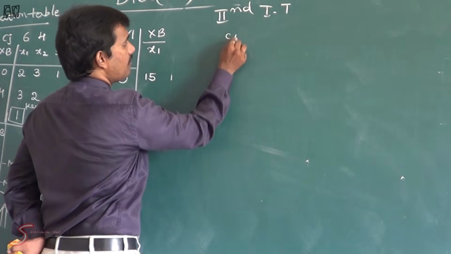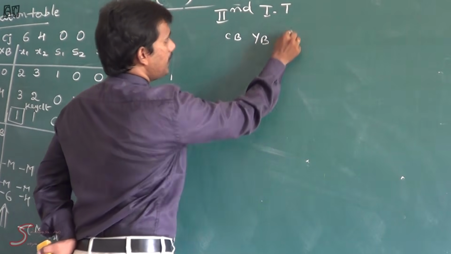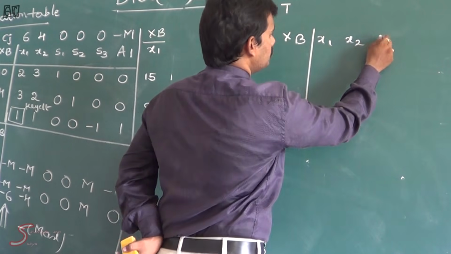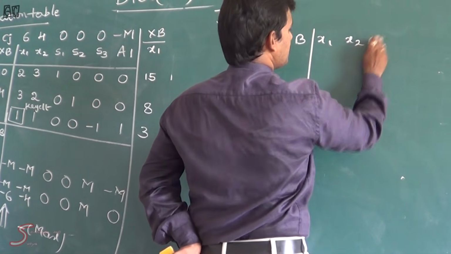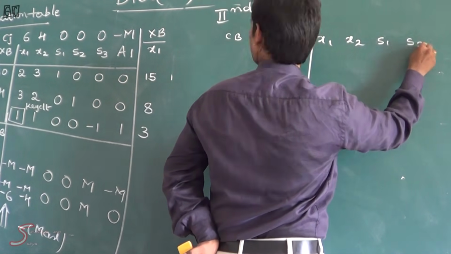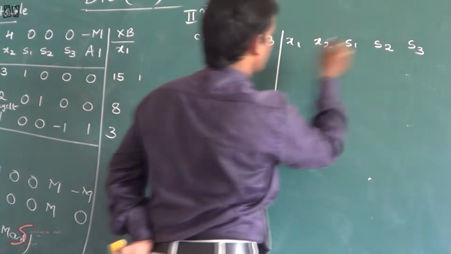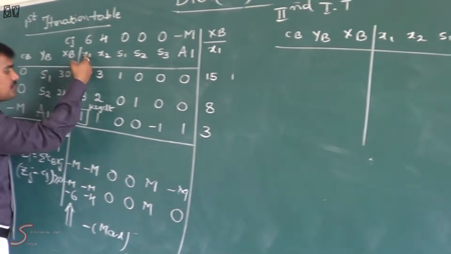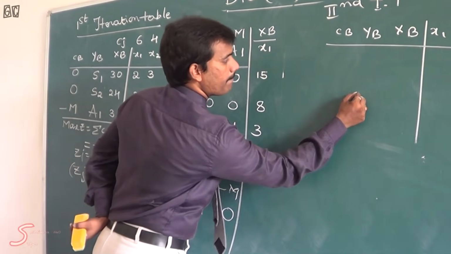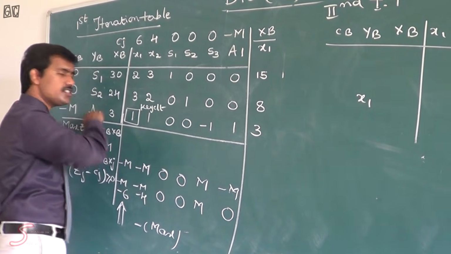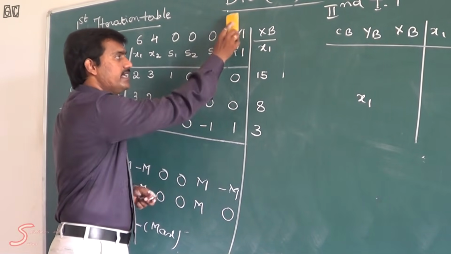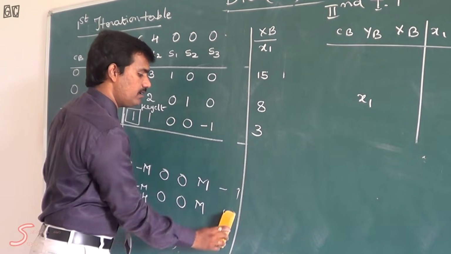Again we have CB, YB, XB, X1, X2, S1, S2, S3. X1 is incoming and A1 is outgoing, so we have to delete the A1 column entirely.